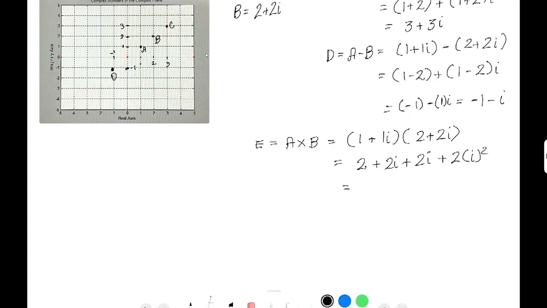And so we have 2 plus 4i plus 2 times minus 1, since we know that i squared equals minus 1. And so that's equal to 4i, since 2 and minus 2 go away. So E would be right here.